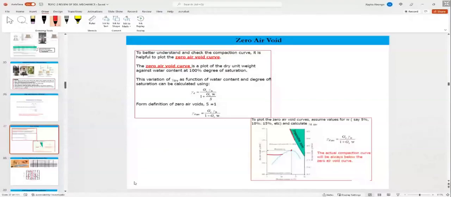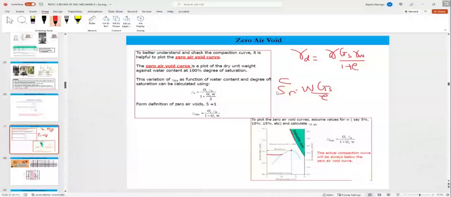Remember, we say the dry density will be Gs times the unit weight of water over 1 plus e.